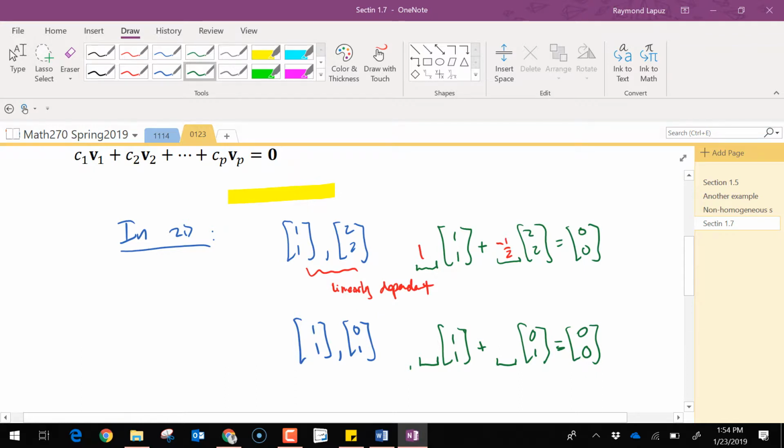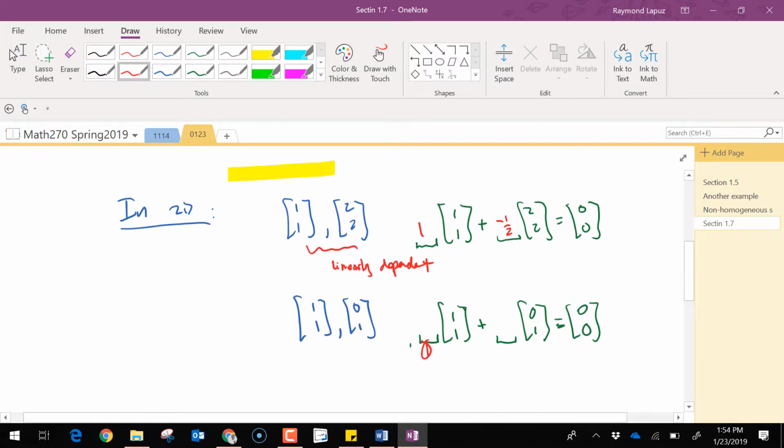So can you find 2 numbers? No. The only numbers that would work are 0 and 0. And that's a trivial solution, right? If you let one be 5, then the other one, yeah, there's no way to get 0. Okay? So these two are linearly independent.